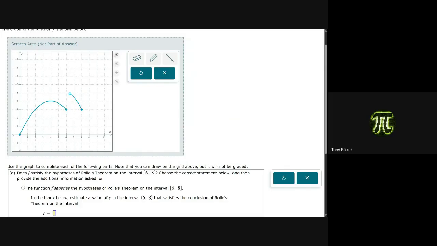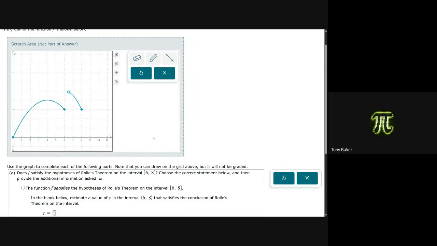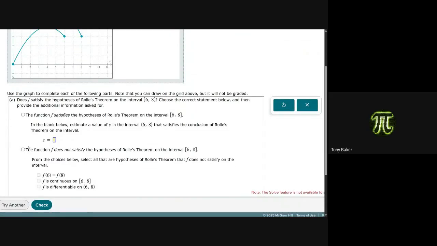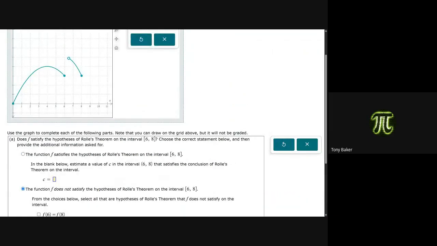So, is it continuous between 6 and 8? No. So therefore, it does not satisfy it. And it does not satisfy it because it is not continuous and it is not differentiable. 6 and 8 do actually equal each other, so that does meet.